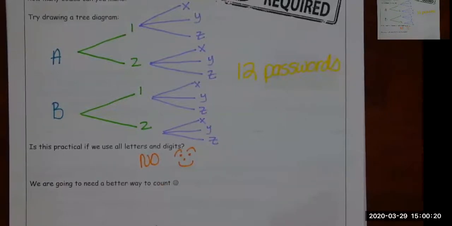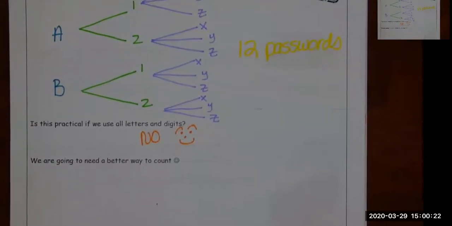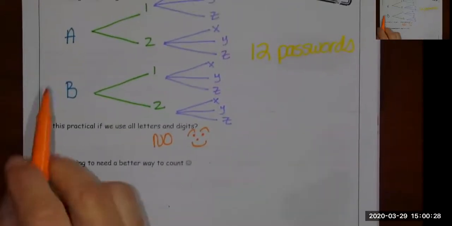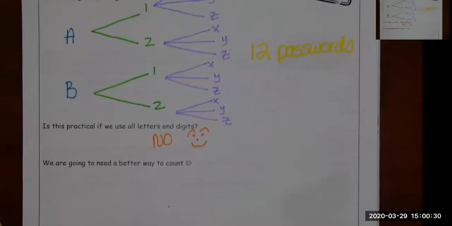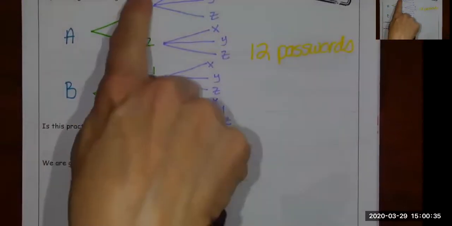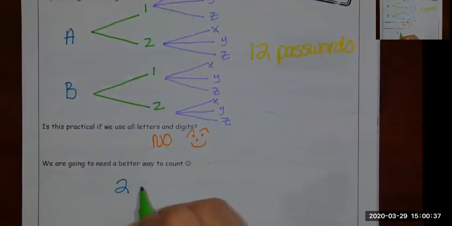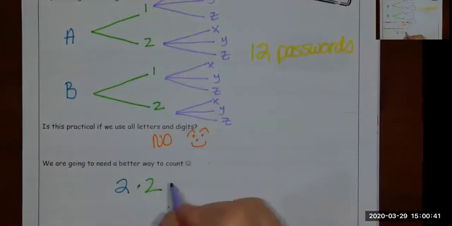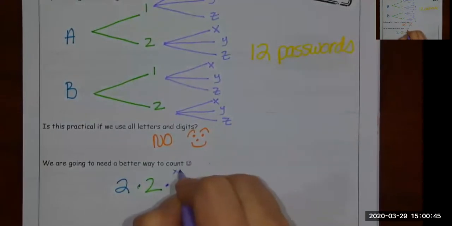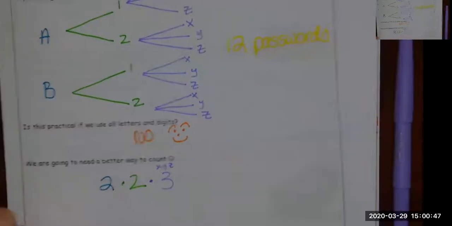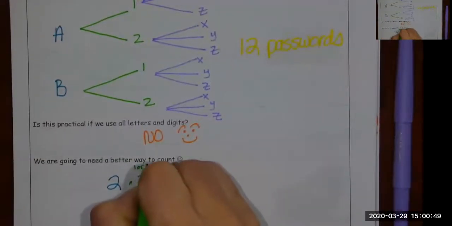So there's a better way to count? Of course there is. This chapter, we're really going to get into fast arithmetic instead of this crazy drawing everything out. So what's our better way? Well, we had 2 ways to pick the first one. The second one, we had 2 ways to do that. And on the third one, we had 3 ways, X, Y, or Z. Here we had 1 or 2.